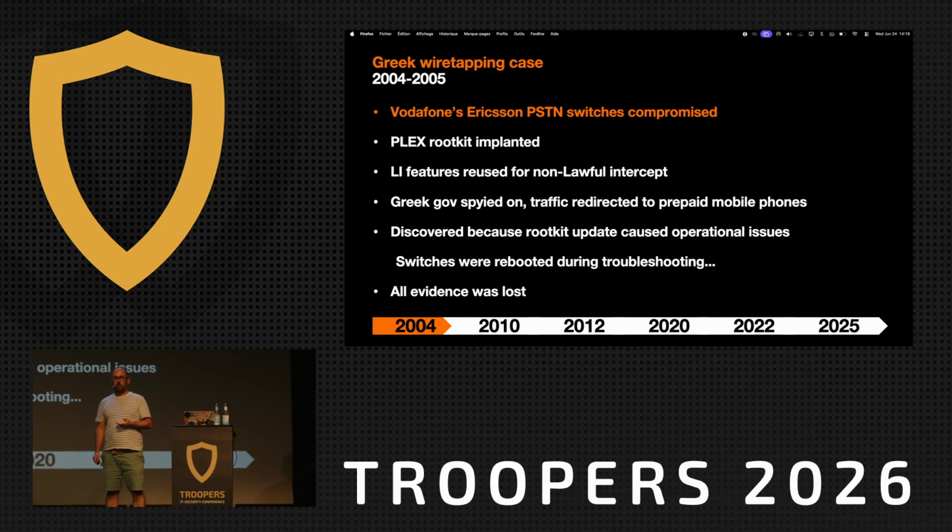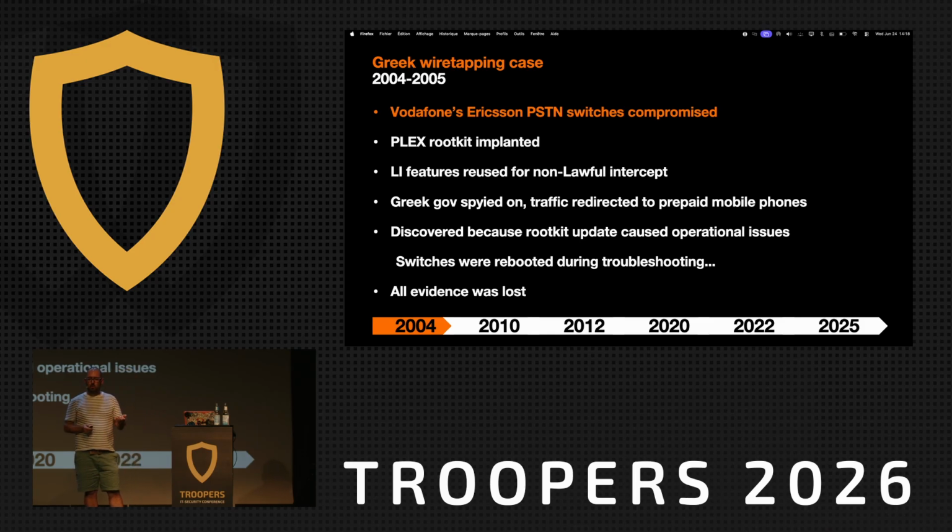on switches of the public telephone network in Greece in 2004, 2005. A rootkit was deployed on said switches to reuse the functionalities of lawful interception. Those features of duplicating the telephone traffic enabled attackers to receive a copy of all the phone calls on prepaid mobile calls.